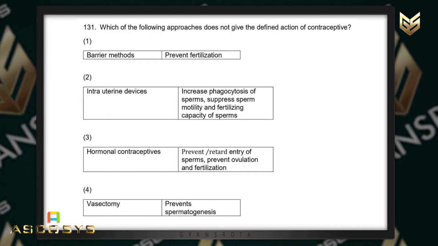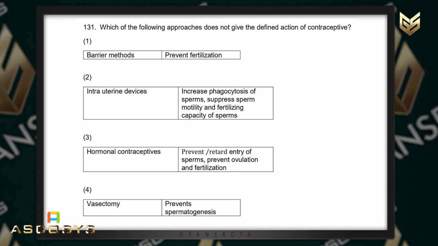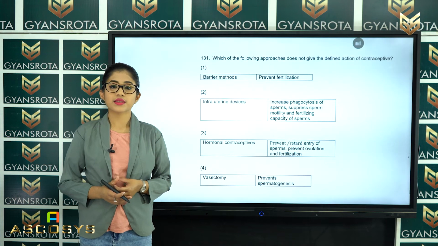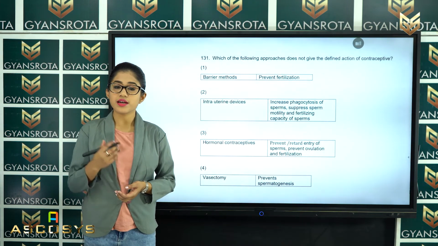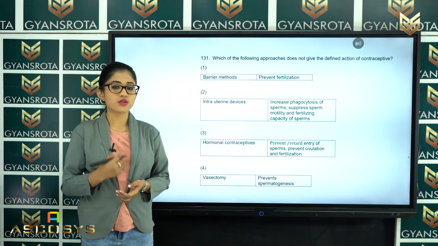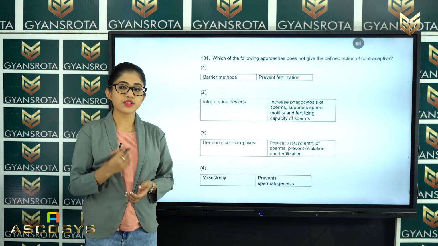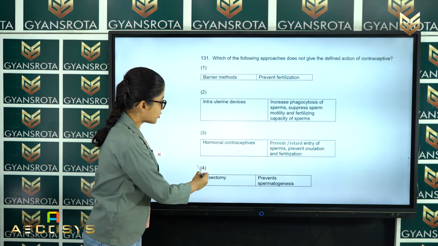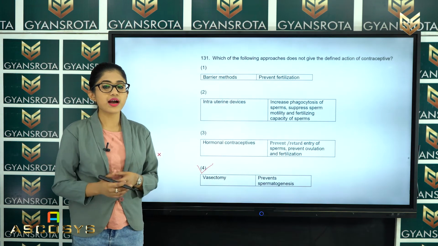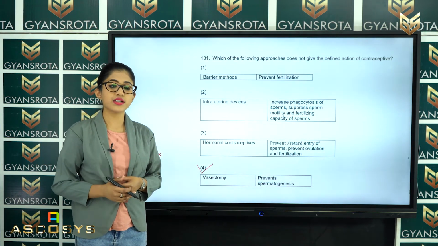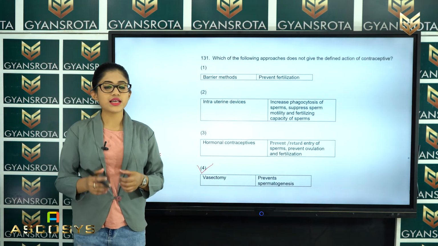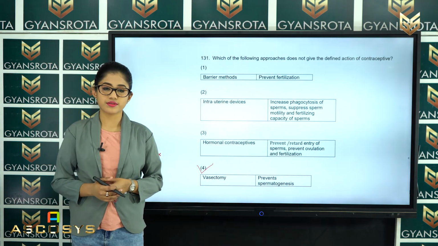And the next is vasectomy, vasectomy prevents spermatogenesis. This is directly from the chapter Reproductive Health. We have discussed the contraceptive methods. So, which among them is the correct answer? That is option number 4. The question asked which does not give the defined action of the contraceptive, that is the vasectomy. Alright. Now, let us move on to the next question.